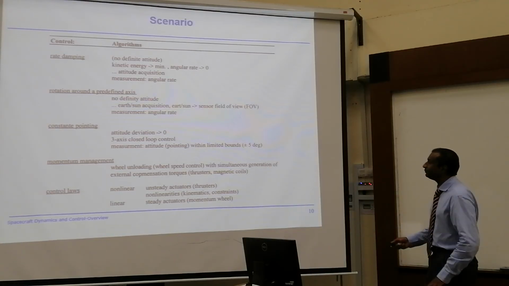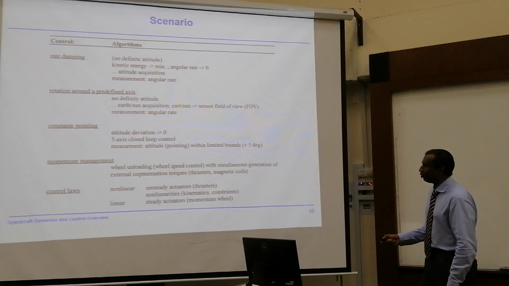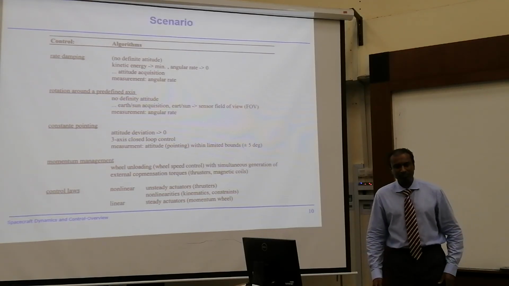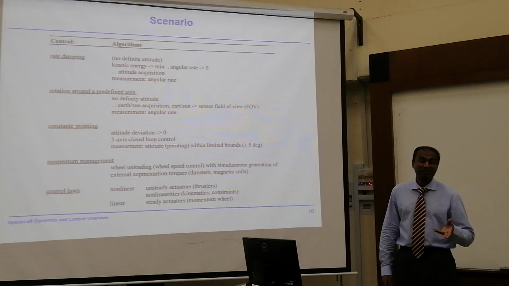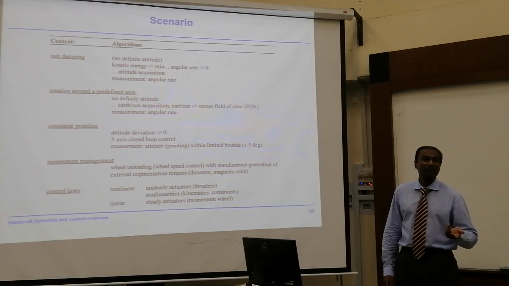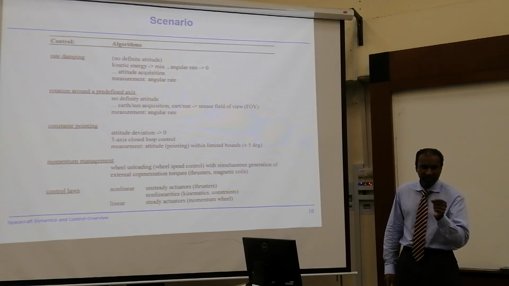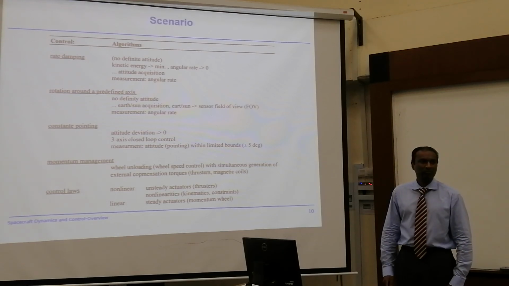Now you have control laws. You have non-linear and linear. I think you have learned the linear control law. I just want to let you know that the non-linear control law typically comes from a device like thrusters, because misfiring cannot exactly give me that amount.